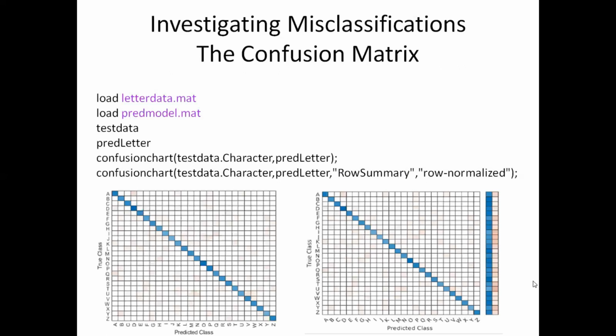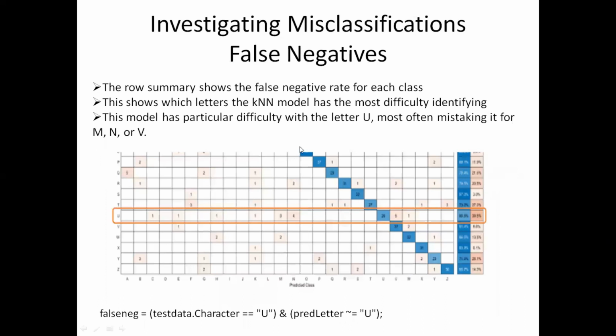We will see how this confusion matrix has been displayed for this classification of alphabets. This is not the complete confusion matrix, just a part of it, because it is a big matrix and you cannot show the complete one. What we will try to identify here is the row summary.